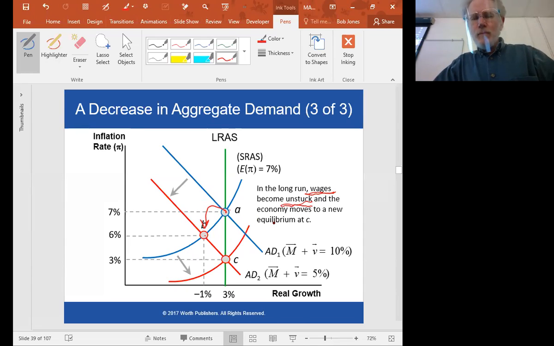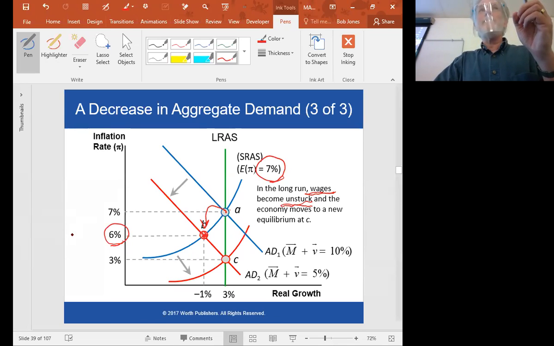Because eventually, remember, the reason we have this problem is because people are expecting a level of inflation that is above the actual inflation rate. The problem is that expectations are wrong. Okay?